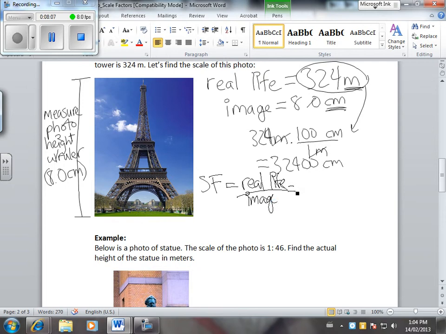Real life, we have here 324,000 centimeters over image 8.0 centimeters. My centimeters cancel out, which is good because I don't want any units. And I have a scale factor of 4,050. So it's quite a big scale factor.